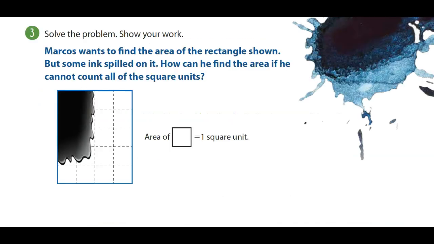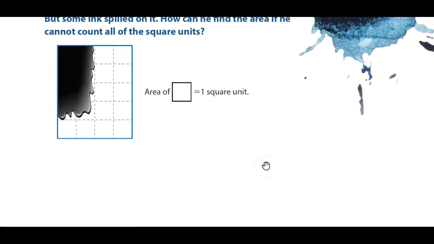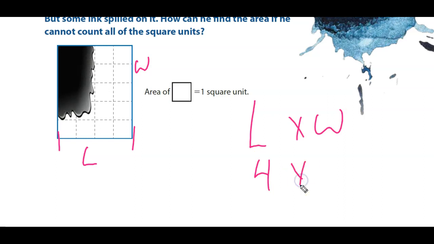Natalie, I'm going to multiply the length times the width. This is the width. This is the length. How much is the length, Natalie? 4. How much is the width, Natalie? 5.